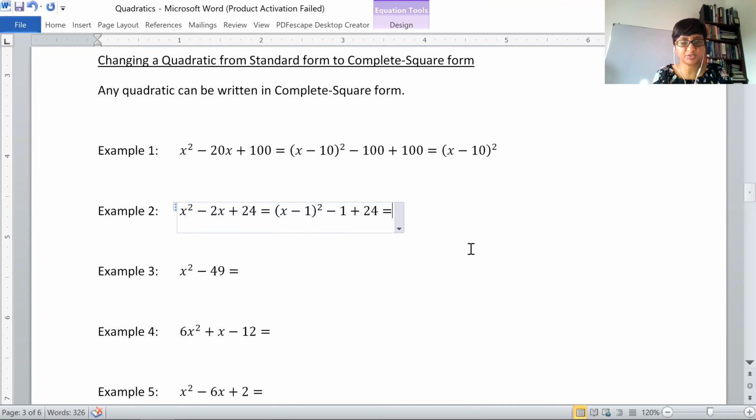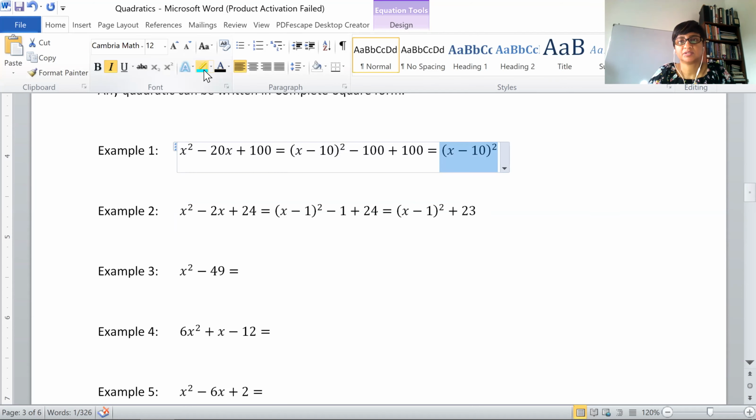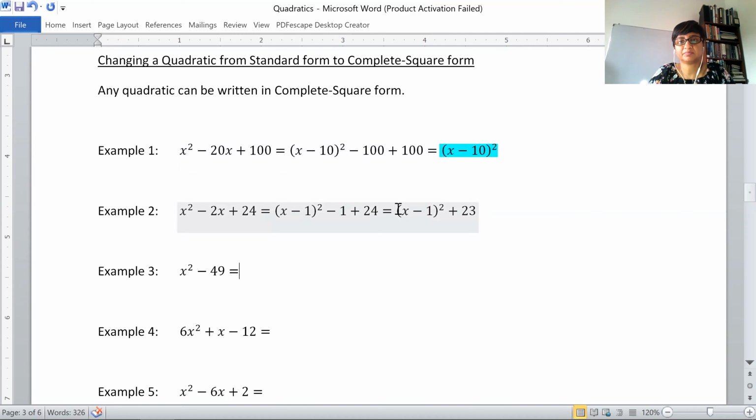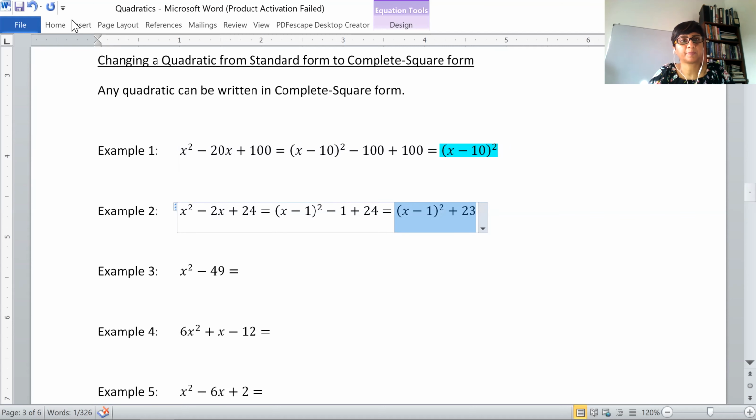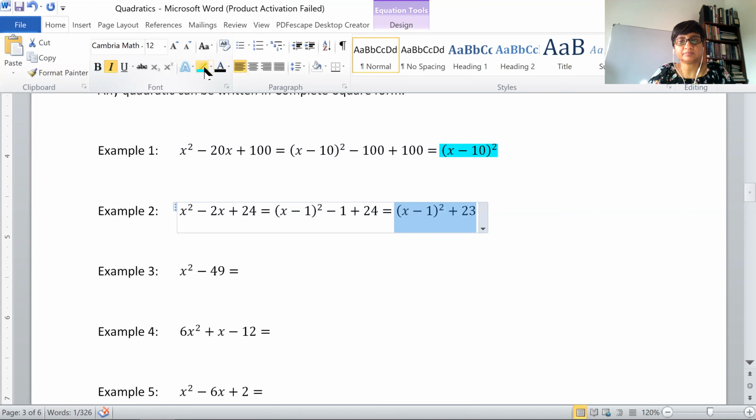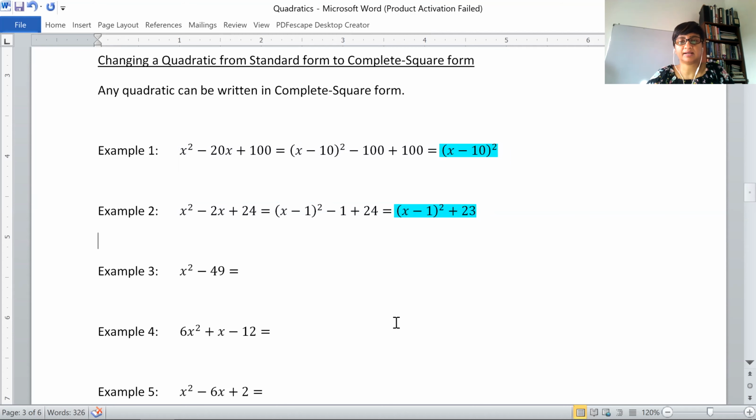It simplifies to x minus 1 squared plus 23. That's your final answer. I'm just highlighting the final answer.